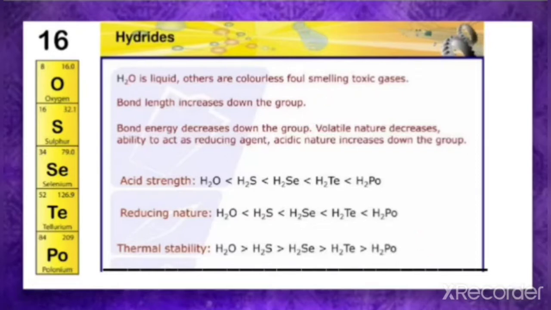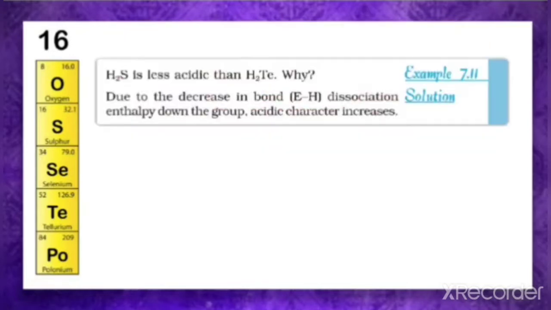In the textbook, some of the questions are related to this concept. So let us discuss that. First question: H2S is less acidic than H2Te. Why? The answer is given already in the textbook. Just now we have discussed that the greater the size of the central atom, the greater the bond length, easy to break.